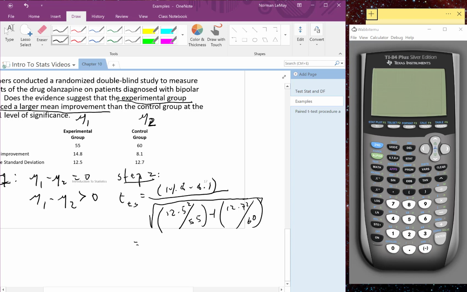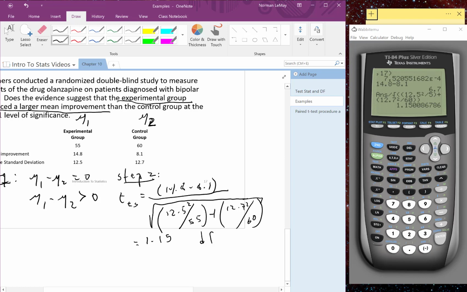All right, so this is going to equal 14.8 minus 8.1 divided by square root, and then open, 12.5 squared divided by 55 plus 12.7 squared divided by 60. So I get 1.15.